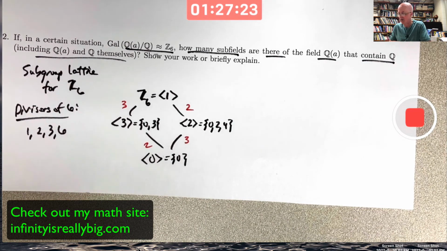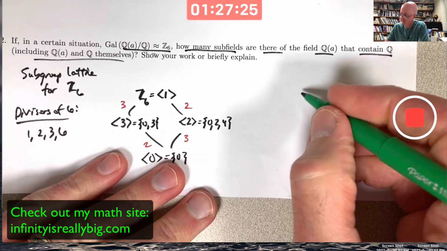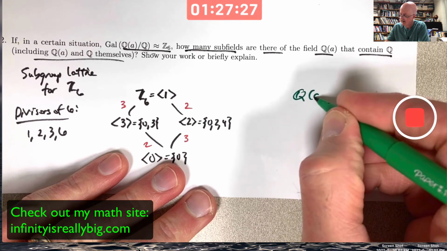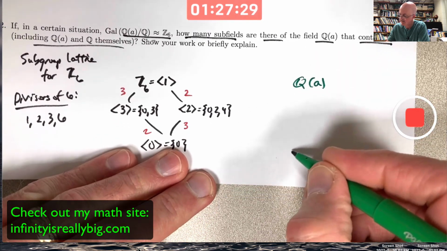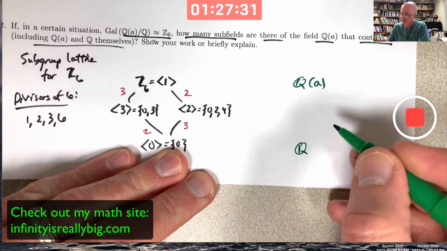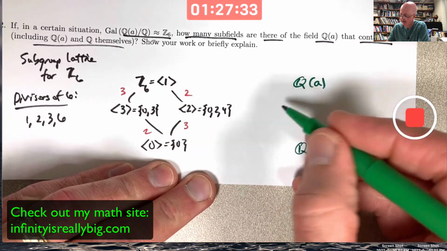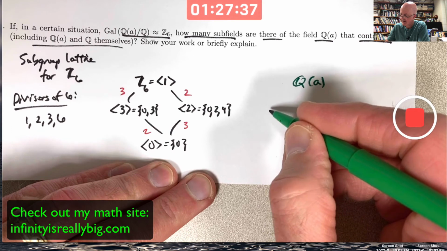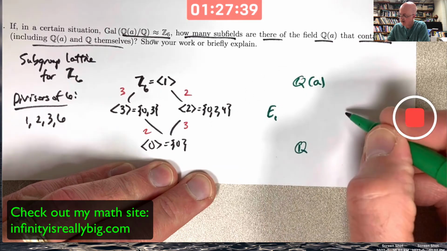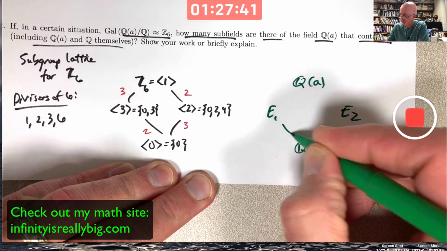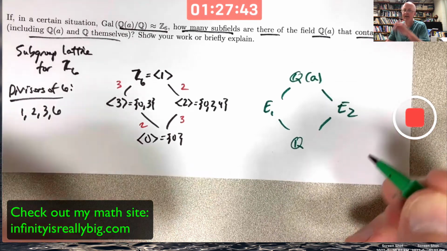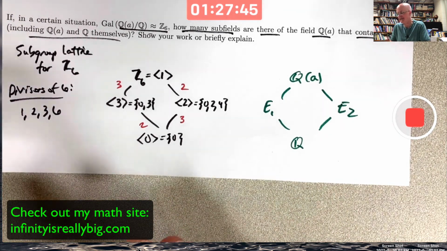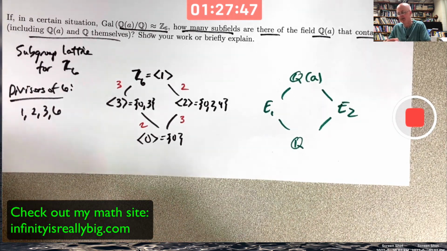The corresponding lattice of subfields, I'm not going to completely specify, but it does effectively match what you see here. Let me call this, I don't know, E1 and this E2 here. And because the diagram is so simple in this case, you could be a little confused.